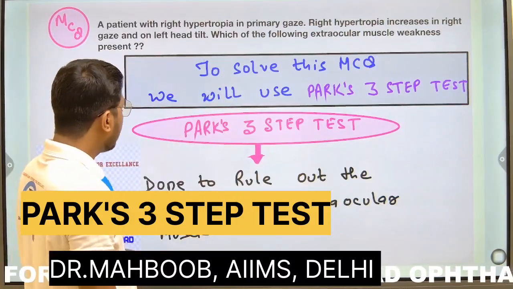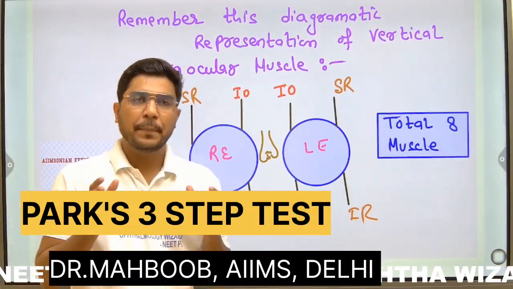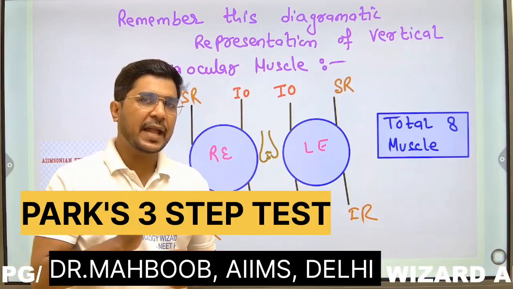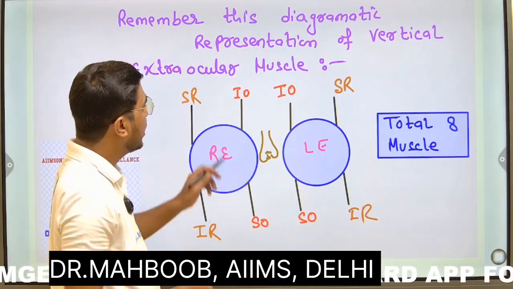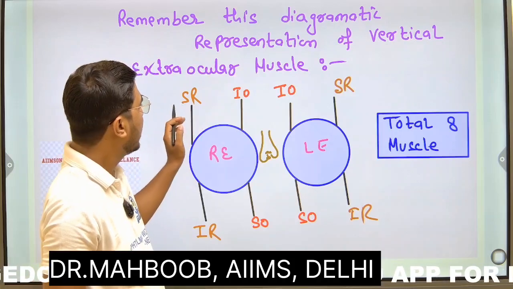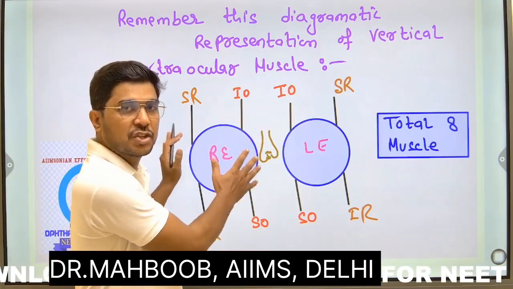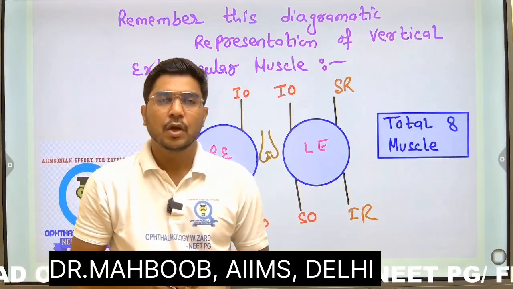Now, to solve this, we have to remember one schematic diagram. This is the one schematic diagram that is very important, where you denote the 4 and 4, total 8 vertical extraocular muscles on paper.